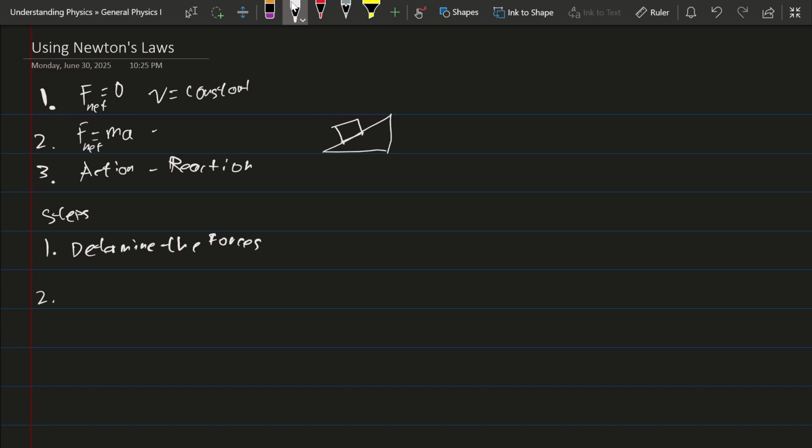Second, you want to create a free body diagram. Third, draw vectors using components. And then fourth, you will use Newton's law.